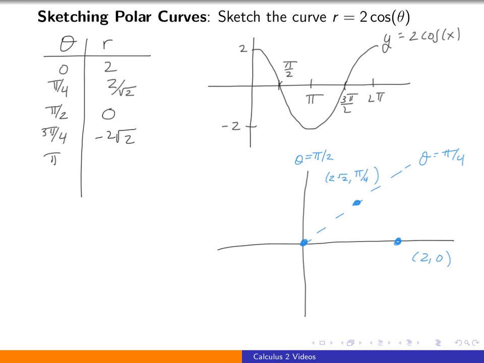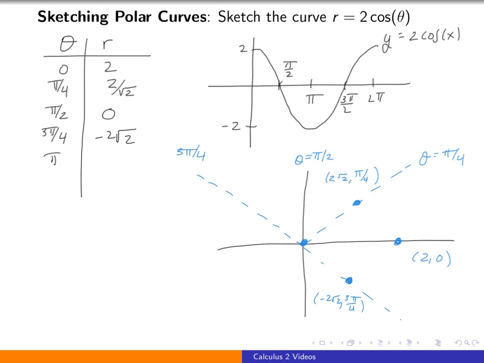In terms of sketching this point, if we go to 3 pi over 4, we would have this ray that we've drawn, but because it's a negative r value, you need to go in that opposite direction. So right about there would give us the point (minus 2 over root 2, 3 pi over 4).